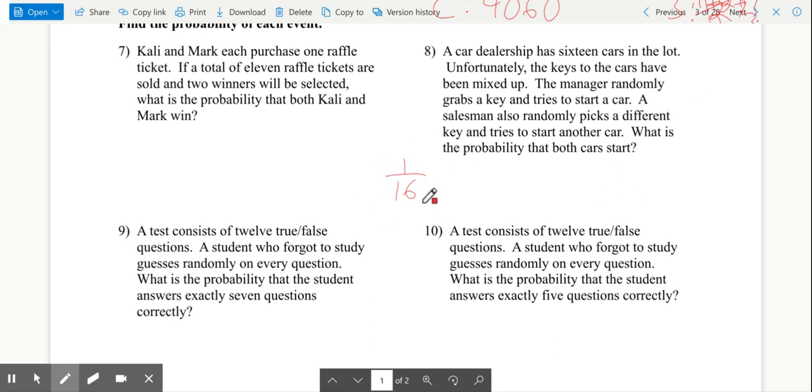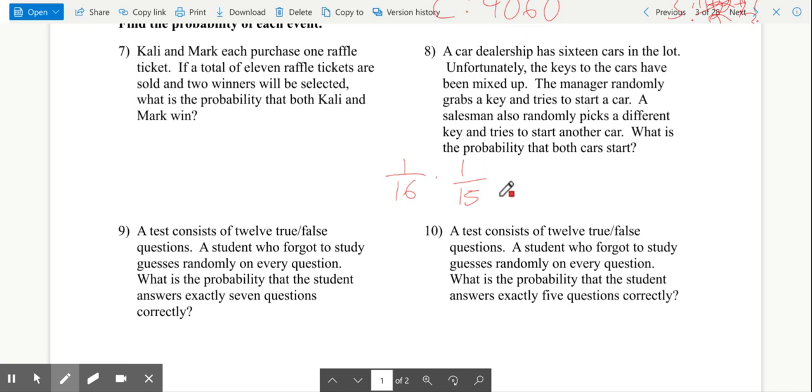So assuming this one worked, the salesman now has a 1 in 15 chance that the next car is going to start, because they've already eliminated one. So one car has been taken care of, so the next guy has a 1 in 15 chance.